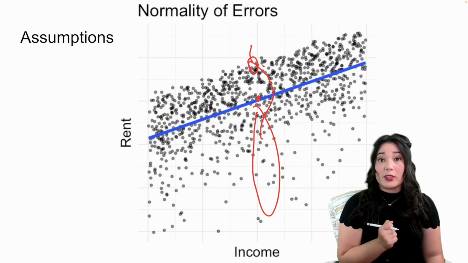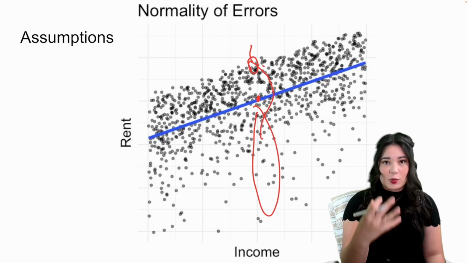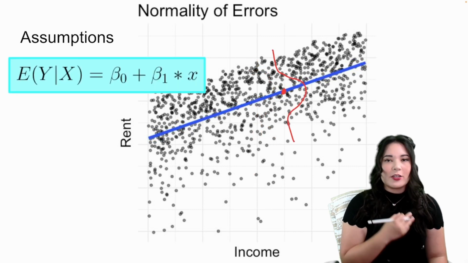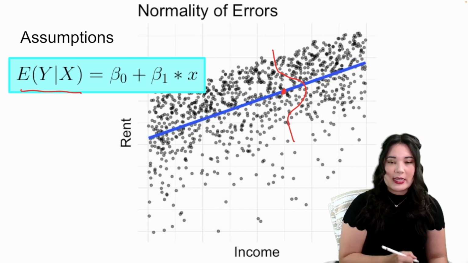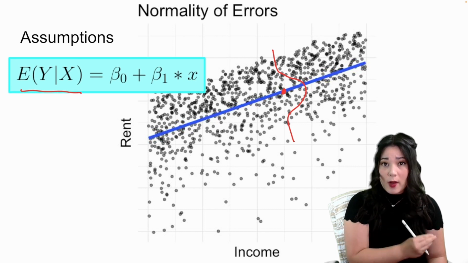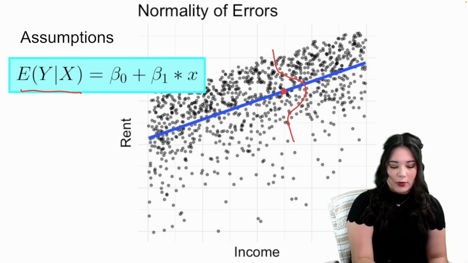I just want to point out really quickly that the assumption of normality applies to the errors in the model, not the actual data. This assumption that our errors have a distribution is why you might often see this notation, where it says the expected value of y, given that we know the values of x, equals our regression equation.